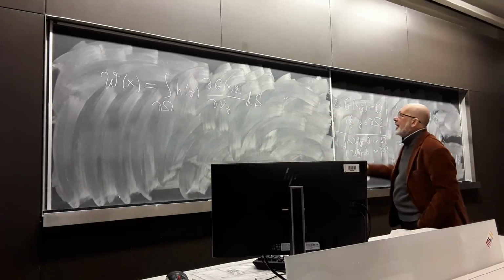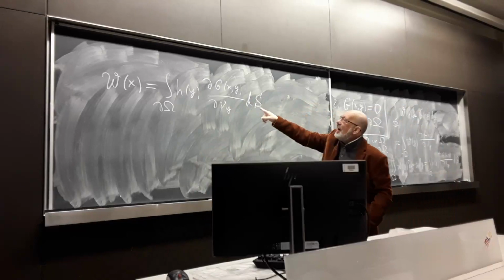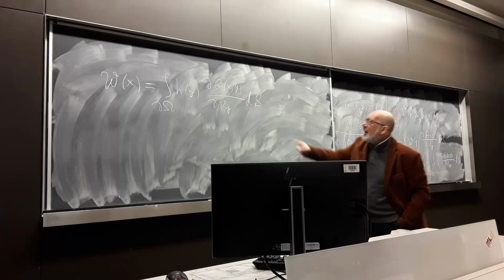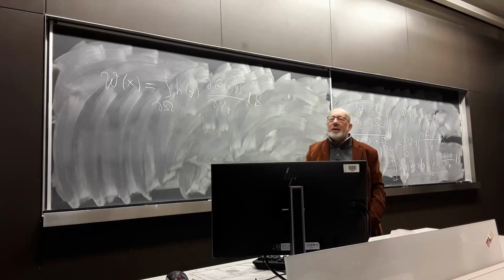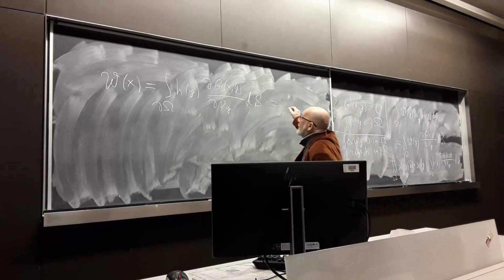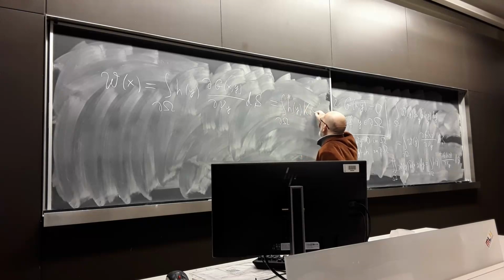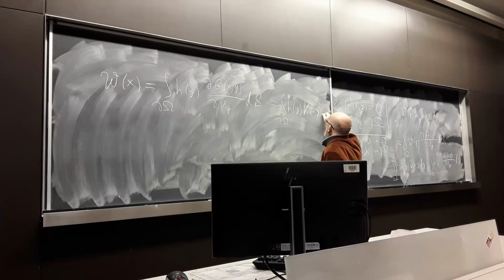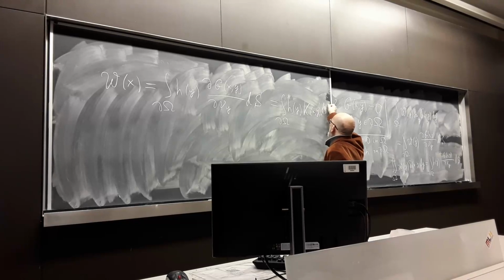And for this function, the normal derivative of Green's function, we can introduce special notation. Integral over the boundary of h of y k of x y ds, with respect to y.